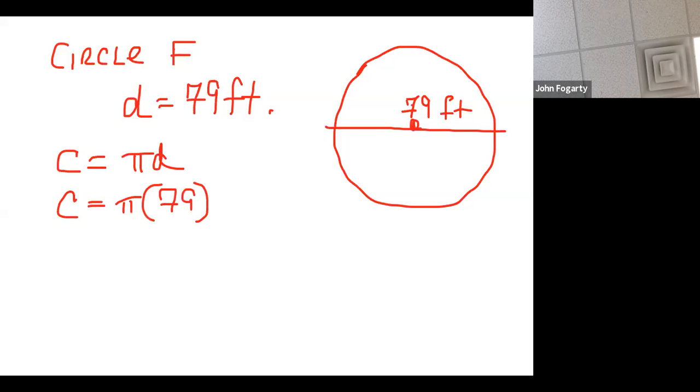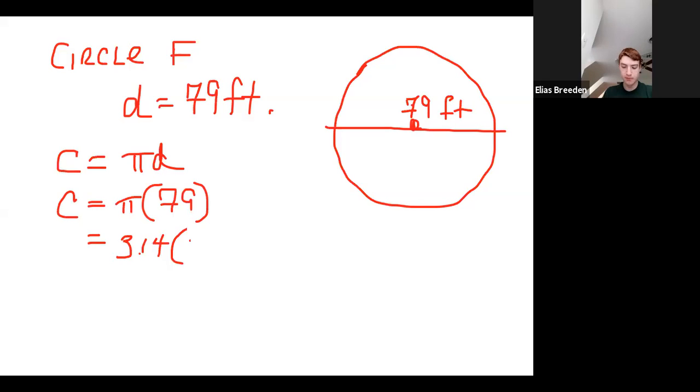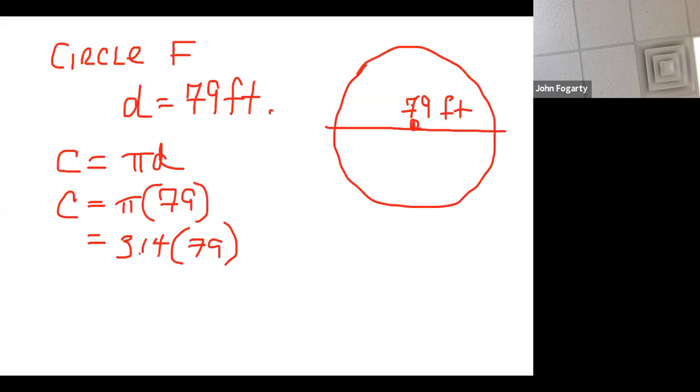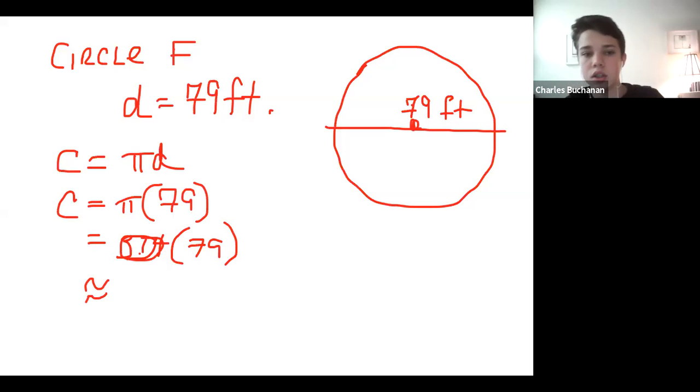And then what do I change pi to? 3.14. And then I just whip out the old calculator and I come up with, and it's not equal to, it's about, right? Because pi is an approximation, right?